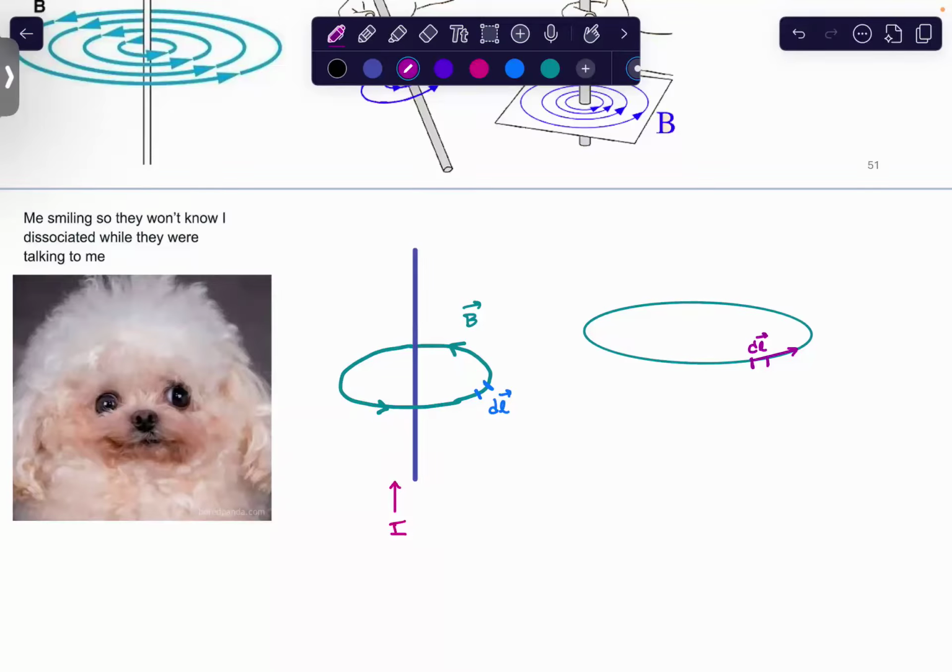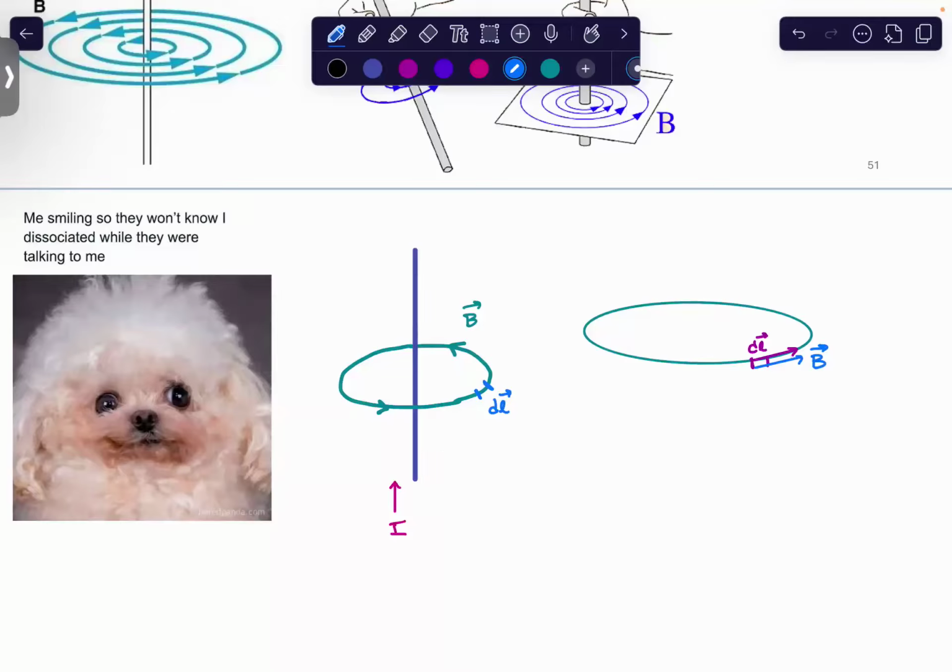I also know that at each individual tiny spot, if I make that path smaller and smaller, the magnetic field vector is also just a tangent line to the curve. Okay. Basic calculus: a differential is a tangent to a curve.